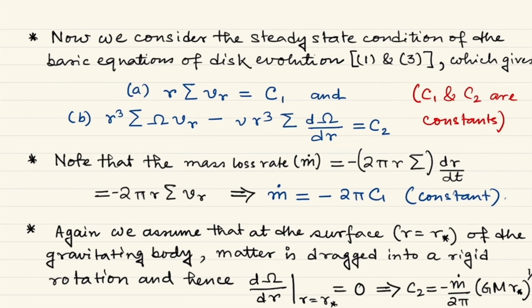So the mass loss rate is nothing but minus 2 pi R sigma VR. Okay. And this is M dot.